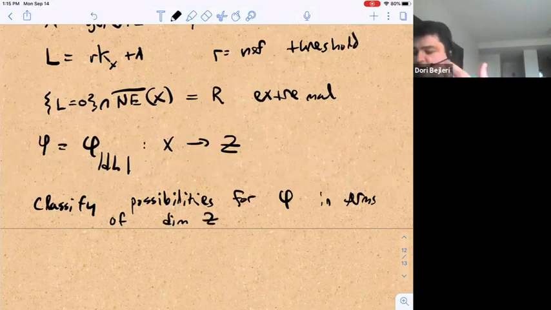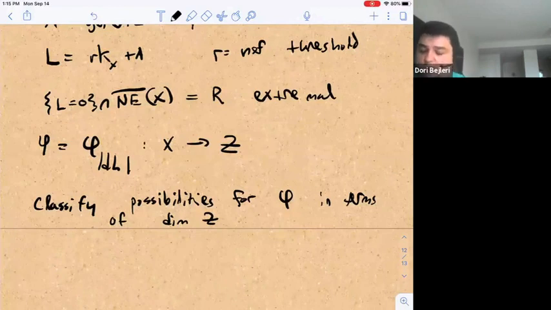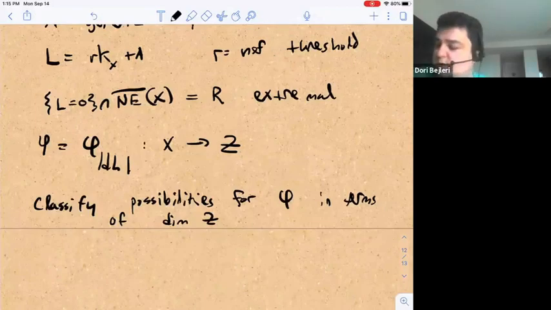We'll see that either phi is the blowdown in Castelnuovo's theorem, so this extremal ray comes from a -1 curve, or phi is a P^1 bundle, so then we're in the ruled case, or Z is a point, in which case that'll force X to be Fano, so then we're in our third case. And so in particular, if we also know that X is minimal, that tells us that Z has to be either 1 or 0 dimensional, so we get either a P^1 bundle or a Fano. So that's where we're going.